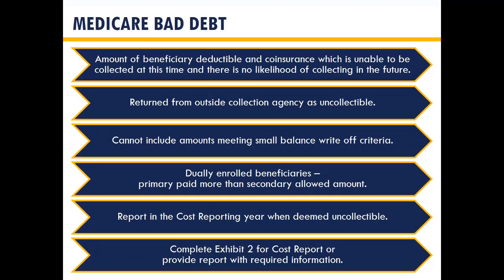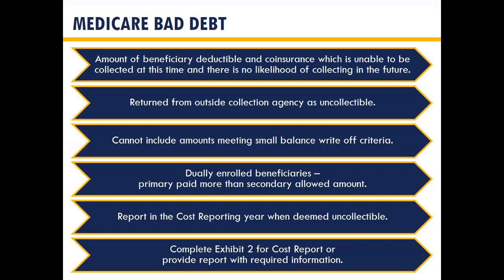Medicare bad debt, there are often some questions on this. Medicare bad debt is the unpaid deductible and coinsurance after Medicare has paid, with no likelihood of being collectible in the future. The effort to collect these amounts must be similar to efforts put forth to collect comparable amounts from non-Medicare patients or non-Medicare payers.